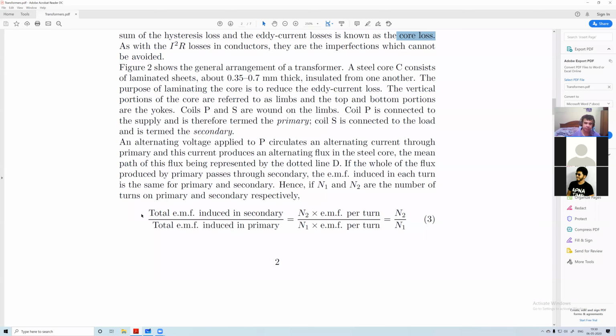Total EMF generated in the secondary over total EMF generated in the primary is equal to N2 times EMF per turn over N1 times EMF per turn. The number of turns in the secondary is N2 and in the primary is N1, and we assume N1 and N2 are not the same. One can be larger and one smaller. So E2 by E1 equals N2 by N1, equation 3. Is equation 3 clear?